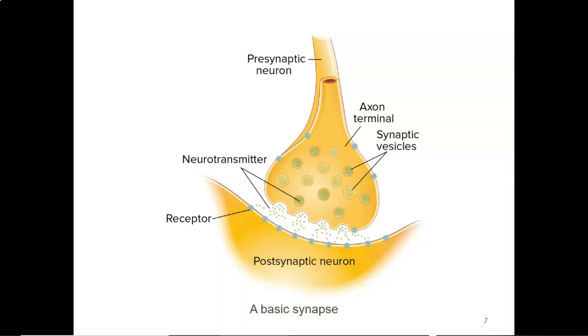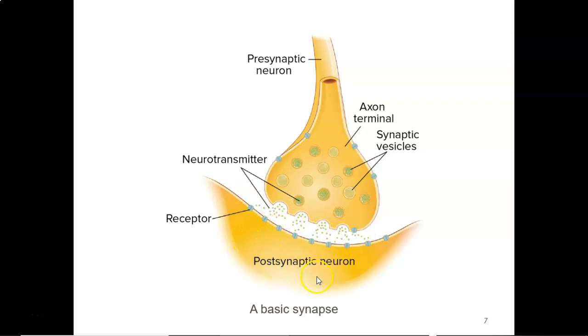Each neuron is going to be programmed to use specific types of neurotransmitters, and I'll come back to that. So synaptic vesicles contain the neurotransmitters within the axon terminal, and once the neuron is told to engage in synaptic transmission, some of the synaptic vesicles merge with the axon terminal membrane and release neurotransmitters into this synaptic gap.